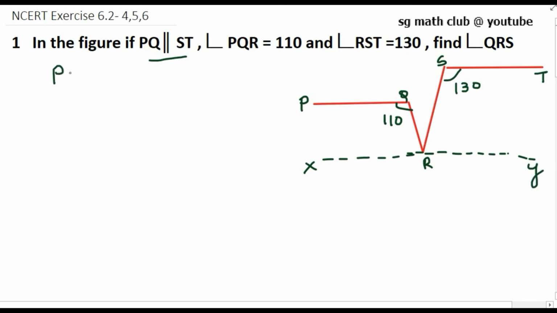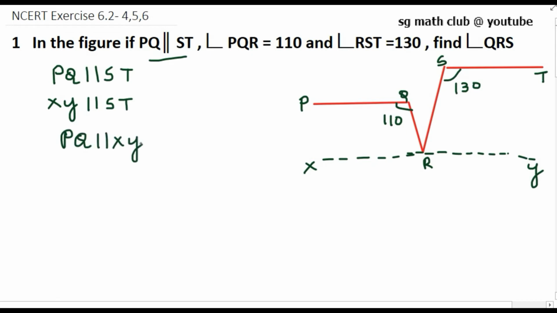Already in the question they have given PQ is parallel to ST. I have constructed one parallel line through the point R which is parallel to ST. Now I can say that PQ is parallel to ST and ST is parallel to XY. Since lines which are parallel to the same line are parallel to each other, I can write PQ is parallel to XY.